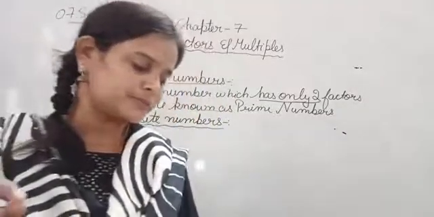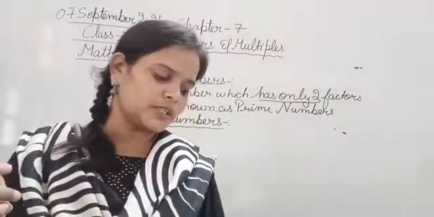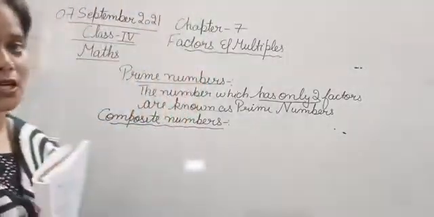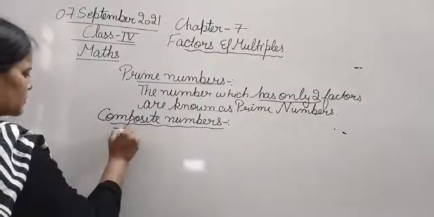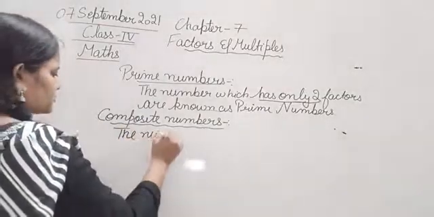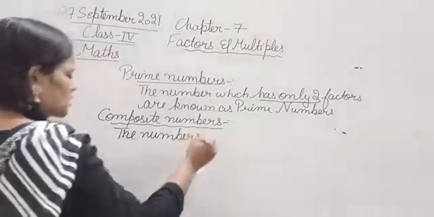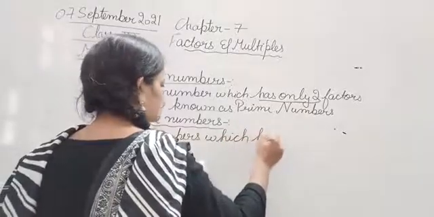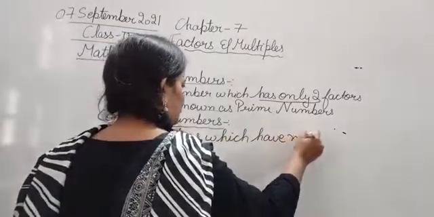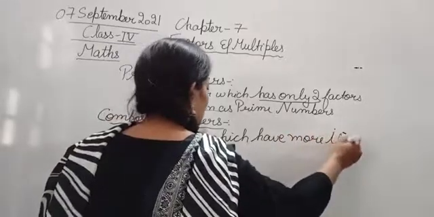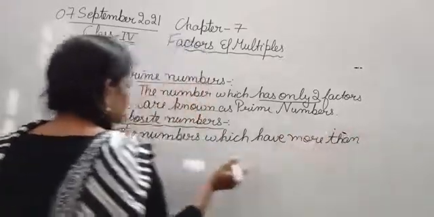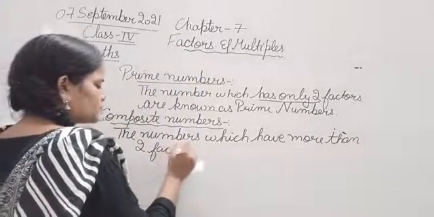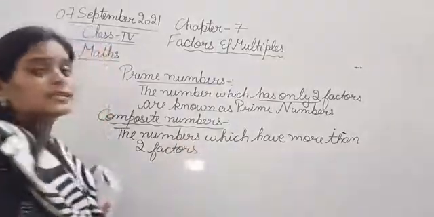So what are composite numbers? Composite numbers are those numbers which have more than two factors. The numbers which have more than two factors are known as composite numbers.